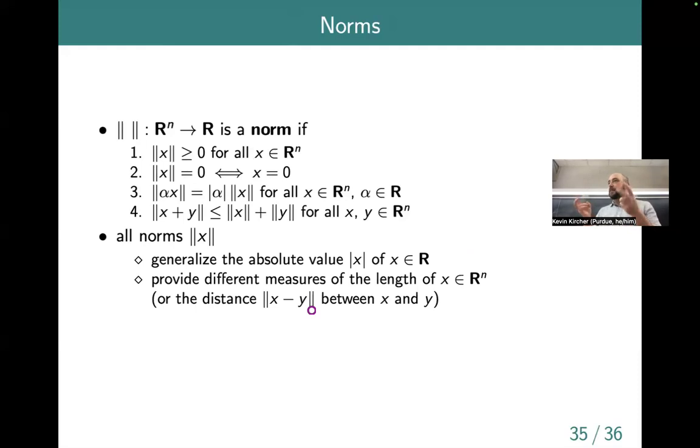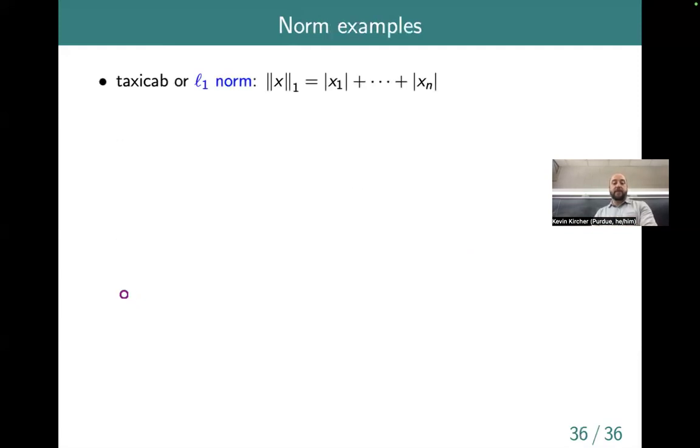But the notion of closeness depends. It's unambiguous in the scalar case, but when you're out in a weird high-dimensional space, it's a little bit harder to pin down exactly what you mean by the distance between two things. Norms are always convex. They don't have a monotonicity property in general.